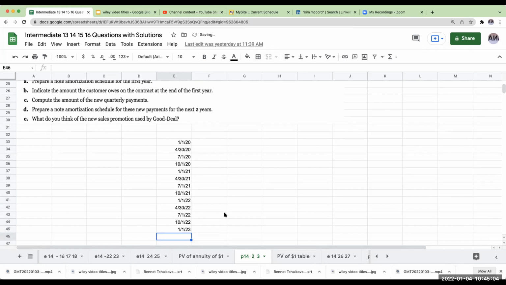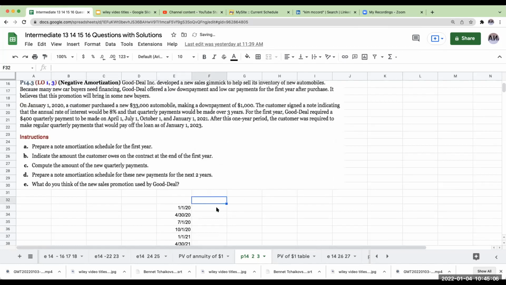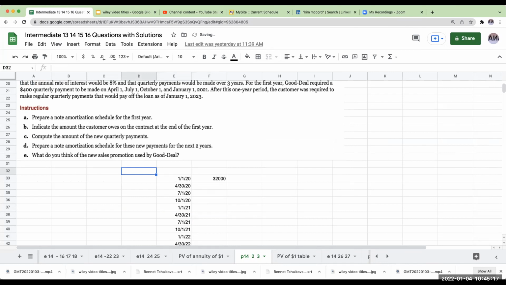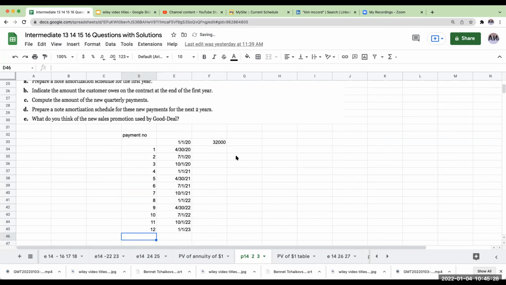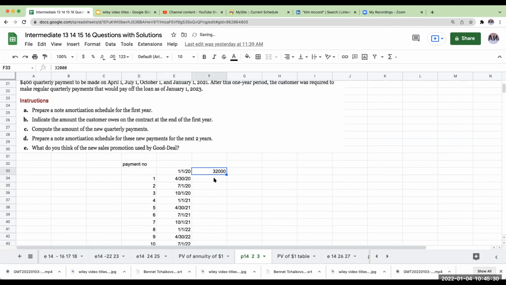Okay, so the amount that's being financed is going to be $32,000. So the amount is going to be 32 grand, and there's going to be a total of 12 payments.